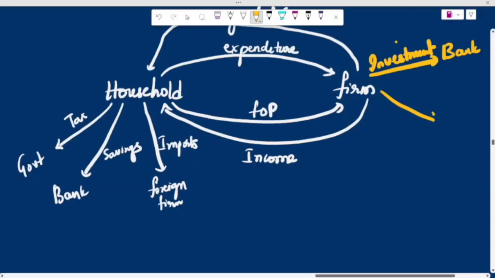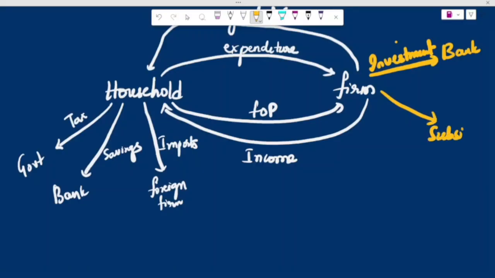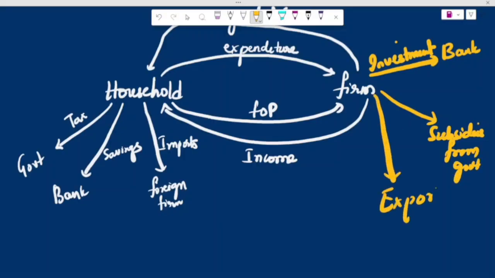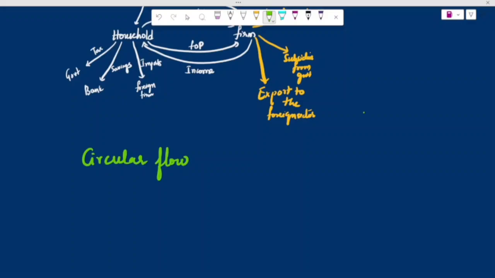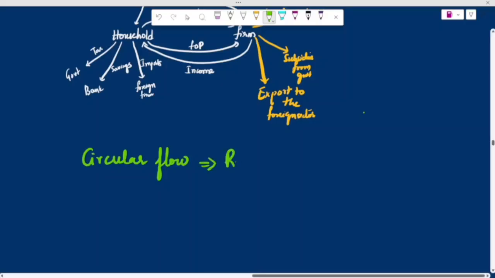And also firm will be doing export to the foreign sector. Right. So this is the circular flow in which we have included the injections and also the leakages.